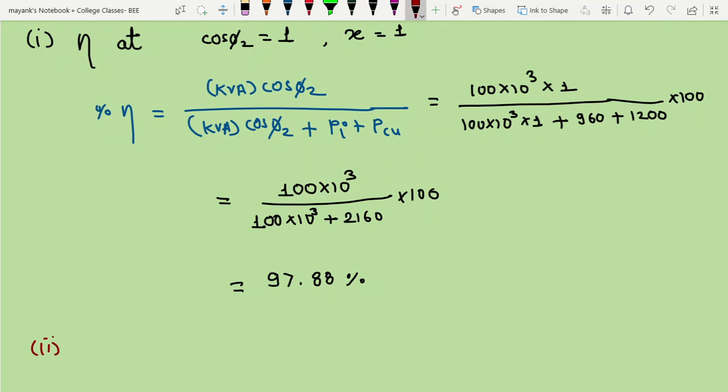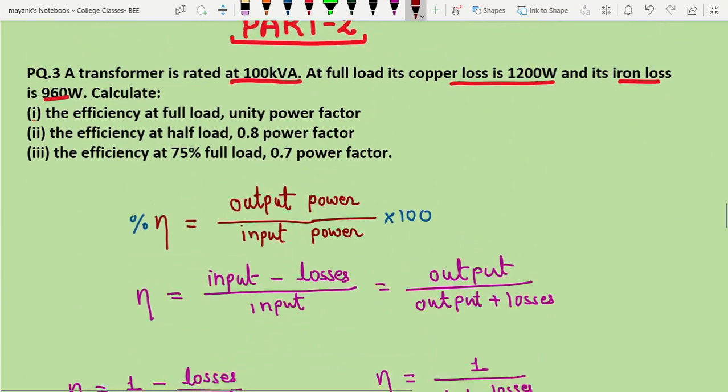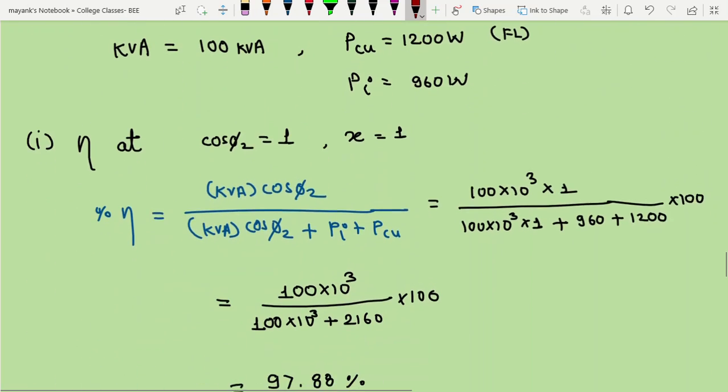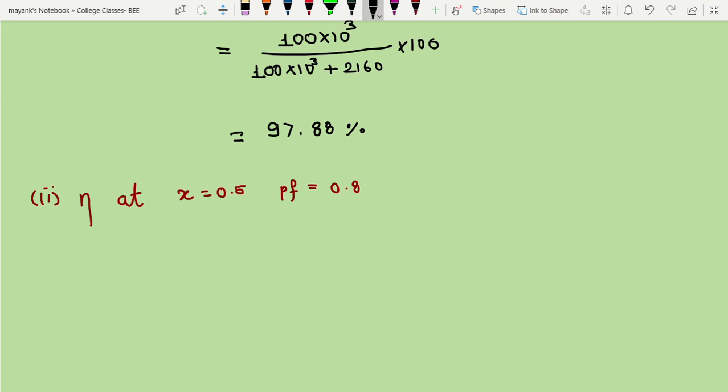Okay, now second bit, efficiency at half load, that means x is 0.5 and power factor is 0.8. So now let us solve for this question. For this bit we will use this formula.